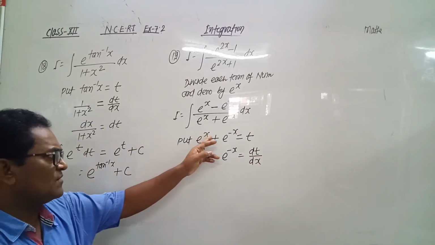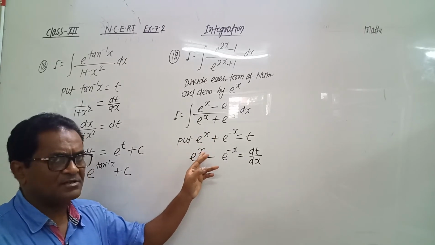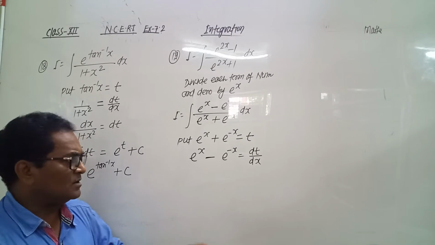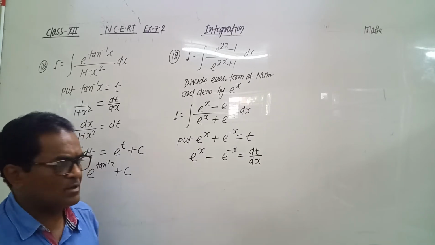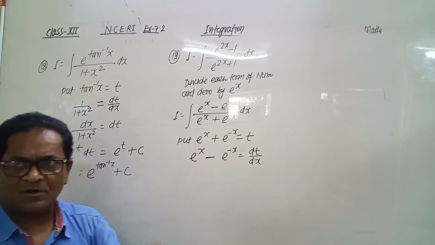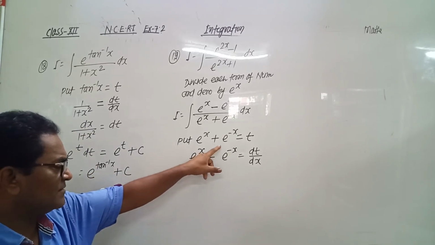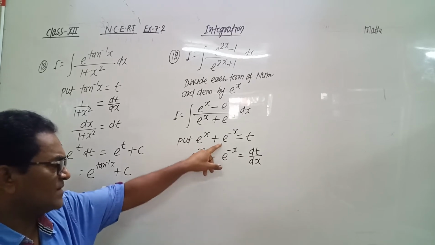Here differentiation of x is 1, so it will be e raised to the power x, but here there is minus x, and differentiation of minus x is minus 1, which affects the sign.